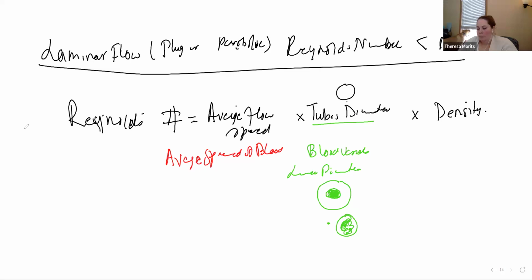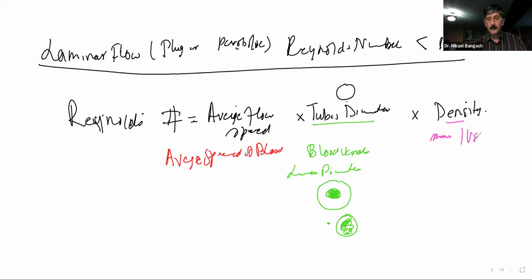Yeah. And last is going to be its density. Now density is going to be its mass per volume. Now although not accurate, we can mean this, in blood, that's going to be cells per plasma.